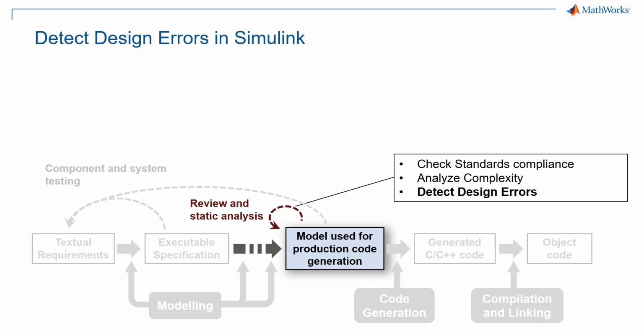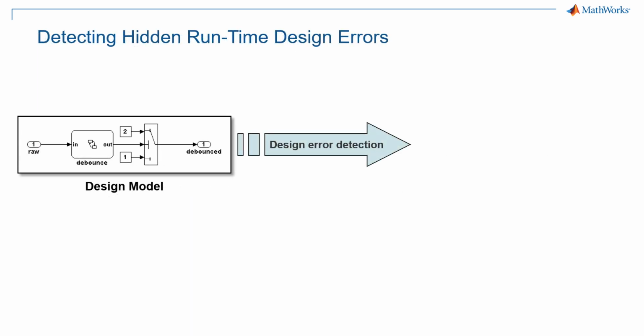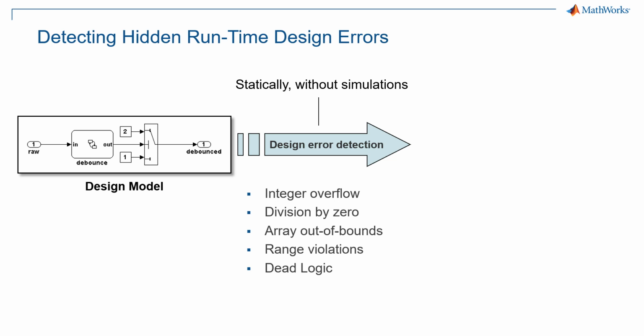Design Verifier gives us the ability to detect hidden runtime errors statically without doing any simulation. We support detection of design errors such as integer overflow, division by zero, array out of bounds, range violation, and dead logic.